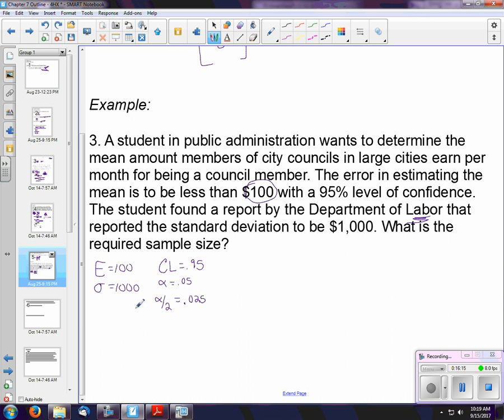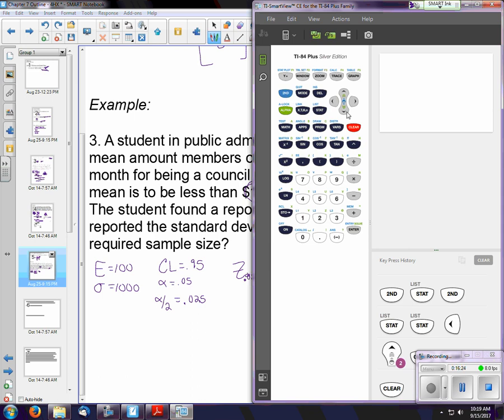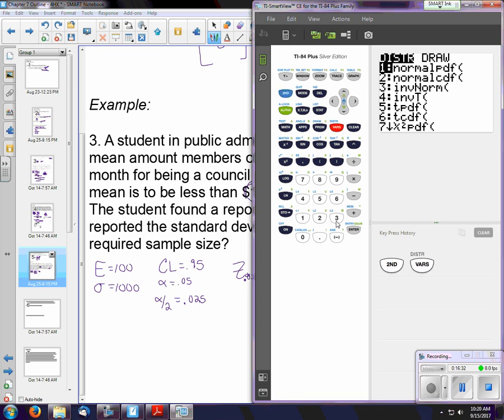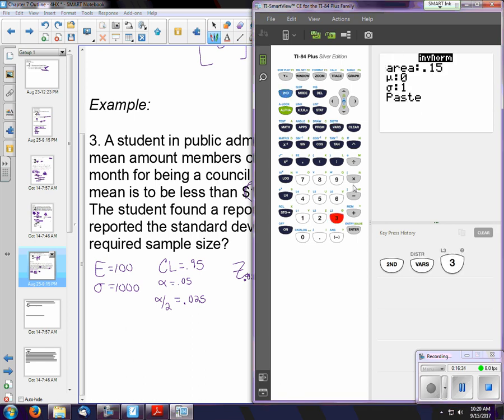So if you're calculating this in your graphing calculator, your z-score of 0.025 can be found as such. Under distributions, use your inverse norm function. And this time our area to the left is 0.025.